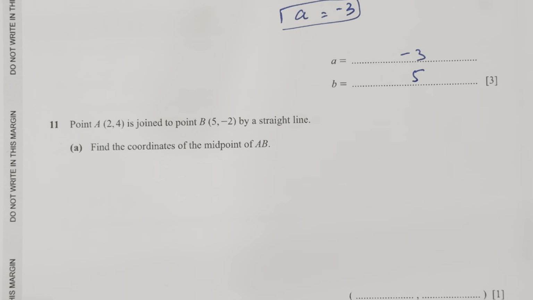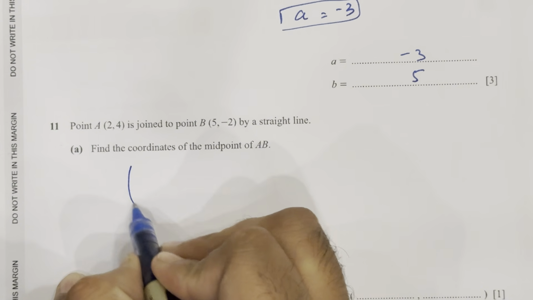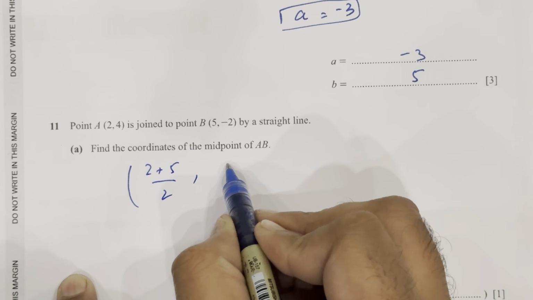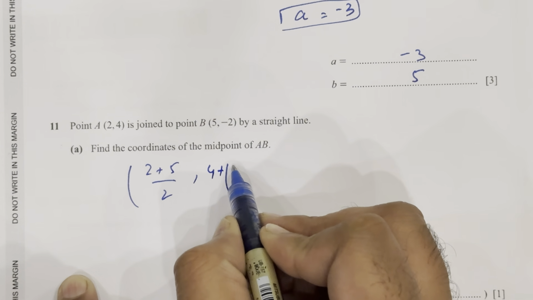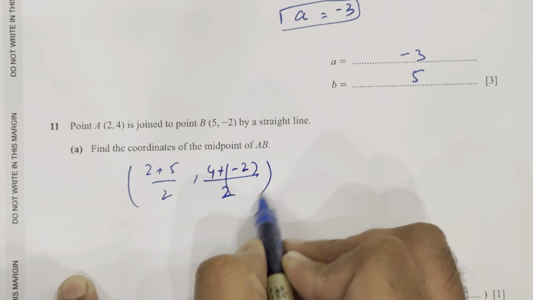Question 11: point A is joined to point B by a straight line. Find the coordinates of the midpoint of AB. We know that the formula for the midpoint is (x1 plus x2) divided by 2 and (y1 plus y2) divided by 2. So we need to add 2 plus 5 divided by 2, then 4 plus minus 2 divided by 2.